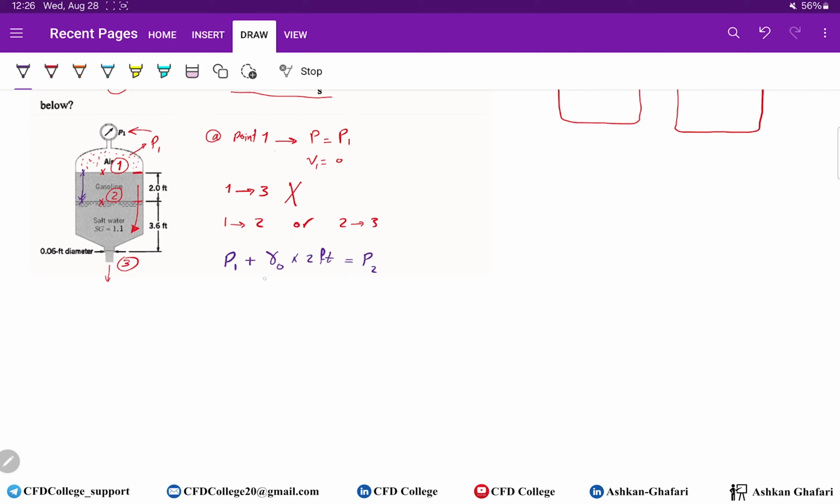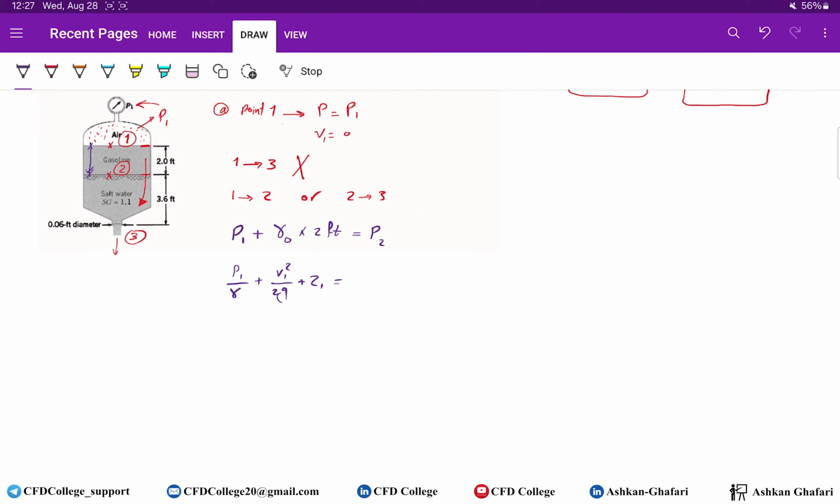And it's kind of Bernoulli equation. Let me write down Bernoulli equation between point 1 and point 2. P1 over gamma plus V1 square over 2G plus Z1. Because maybe some of the students think that here in this problem we have a fluid flow, so we should use Bernoulli equation.